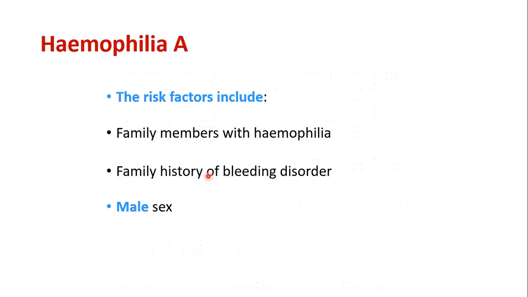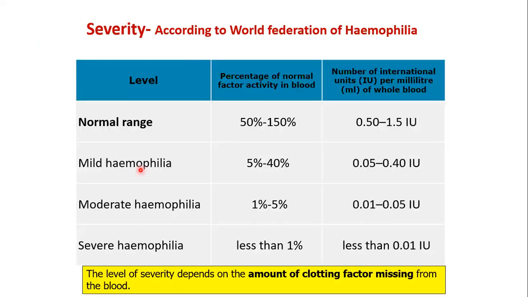Risks include family members with hemophilia, family history of bleeding disorders, and male sex. Males are more commonly affected, and females are less likely to be. Now, according to the World Federation of Hemophilia, severity is classified based on the percentage of normal factor in the blood, or international units per ml of whole blood.